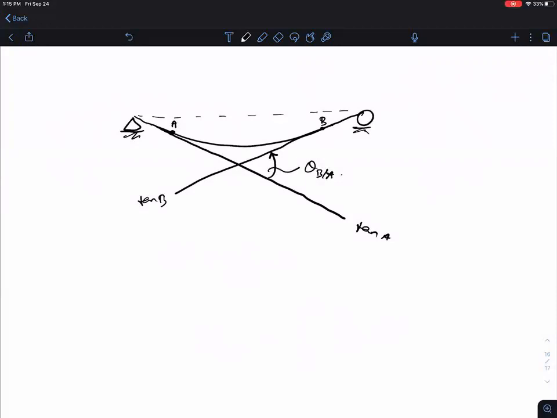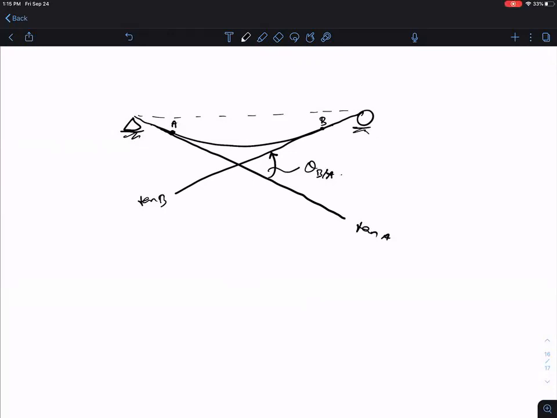And we also see that that angle is measured counterclockwise from the tangent at A to the tangent at B if the M over EI diagram is positive, right? So in this case, we have a beam that's bending such that it's concave in the positive local y direction. So that means we have a positive moment.